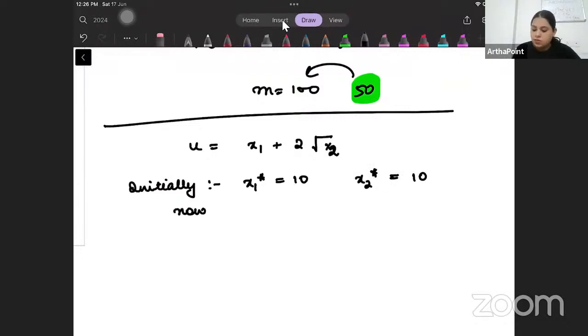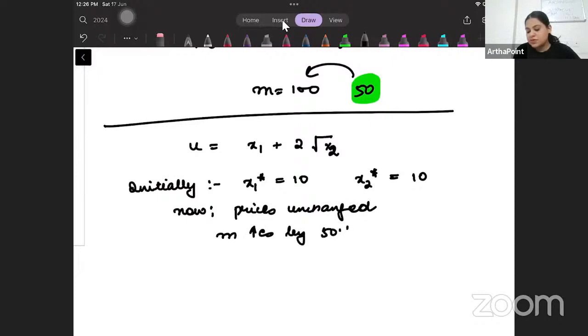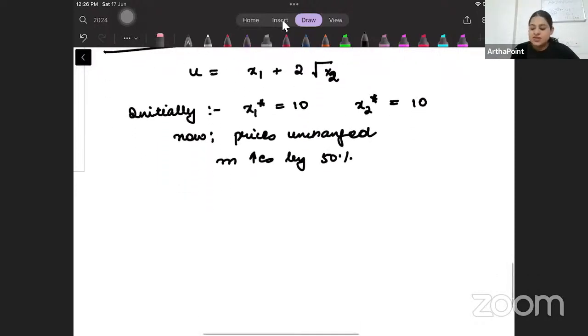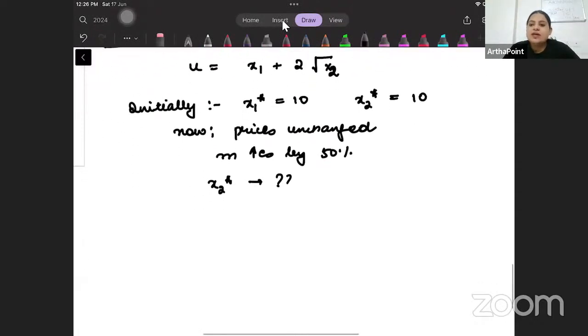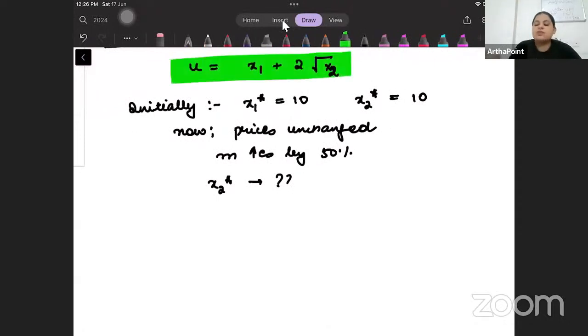Now, prices are unchanged. Income increases by 50%. It is asking what should be x2 star now. But note that this is quasi-linear preference. And this part, it is coming non-linearly.